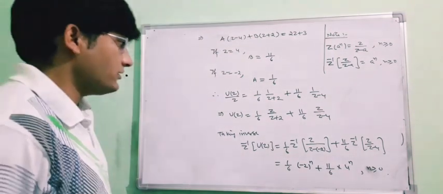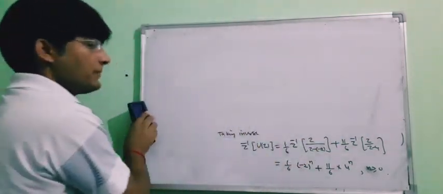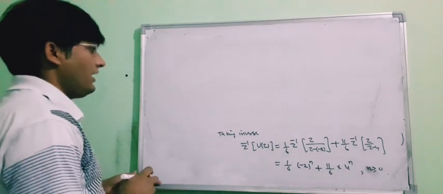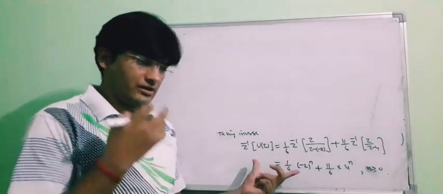Then let us find out the inverse z transformation using the convolution. And the convolution method is quite easy because in partial fractions there is some confusion.